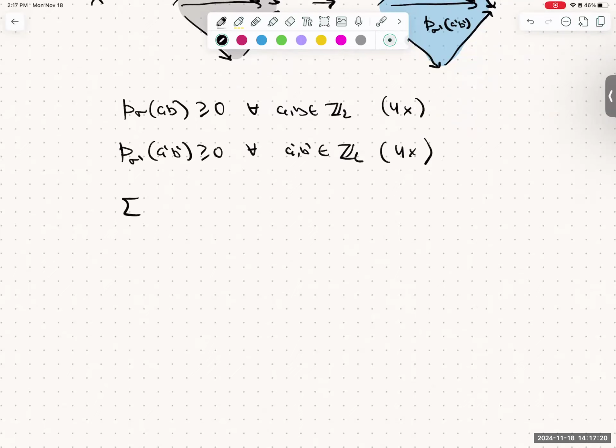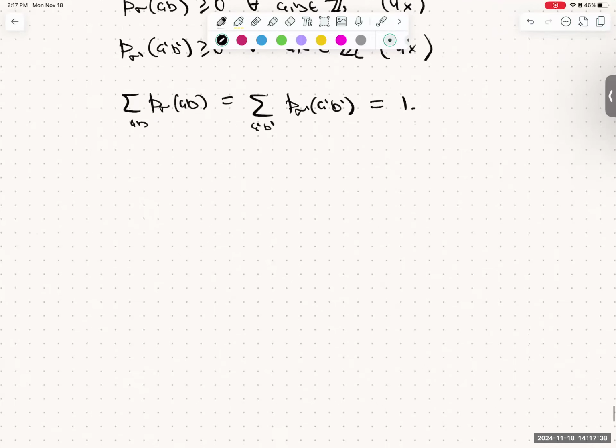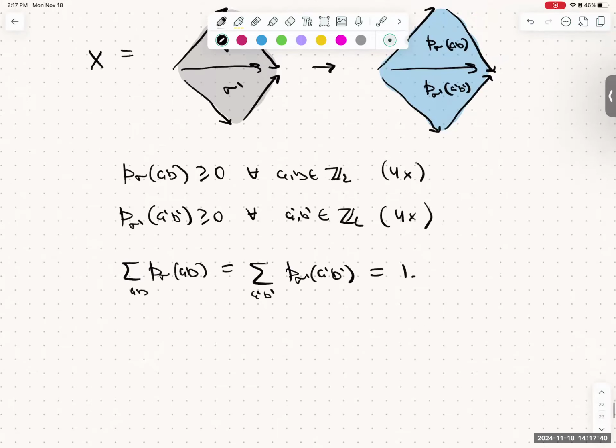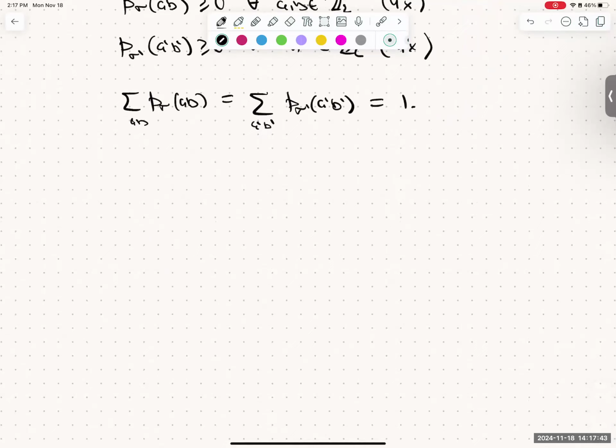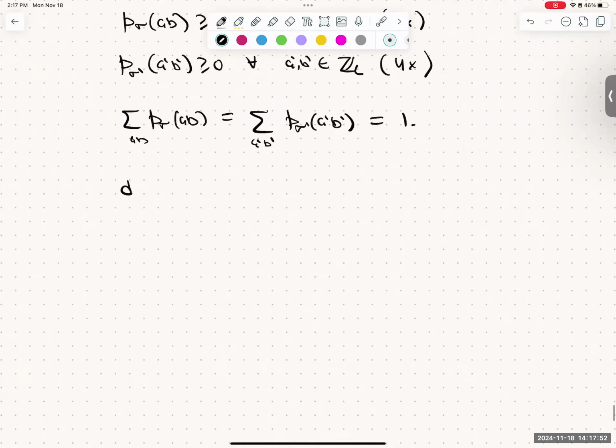Then we will have normalization. So sum P sigma AB equals sum AB, A prime, B prime, P sigma prime, A prime, B prime equals 1. So that's 2 constraints. And then we will also have a constraint coming from, in this case, the non-signaling or compatibility. So if I choose my orientation to 1 prime, D1 sigma equals D1 sigma prime.